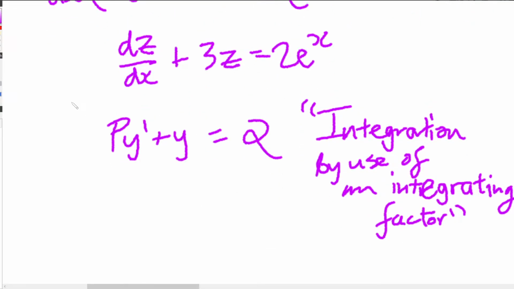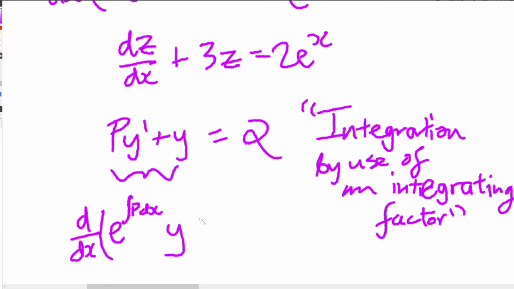But anyways, the idea here is to recognize that this kind of looks like what you'd get in the product rule if you had some e to the whatever the integral of p is, differentiated with respect to x.